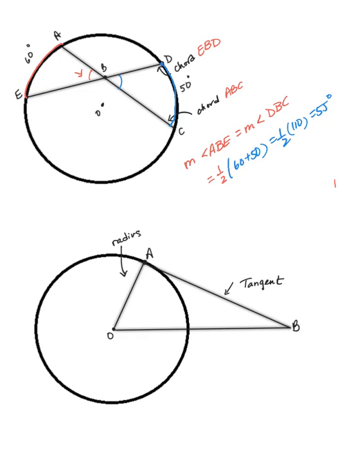So I'm taking a look at the next question on the bottom of the page here. I have a radius AO, and that radius is drawn to this tangent BA. Here's the point of tangency. When you have a radius drawn to a tangent, it will always create a right angle. So the Pythagorean theorem could be involved in a question like this.